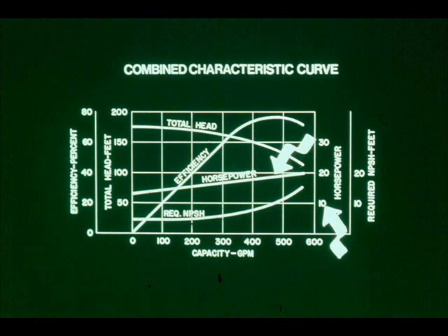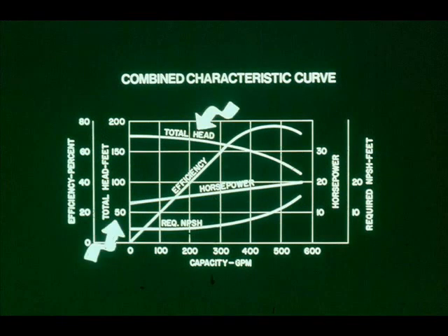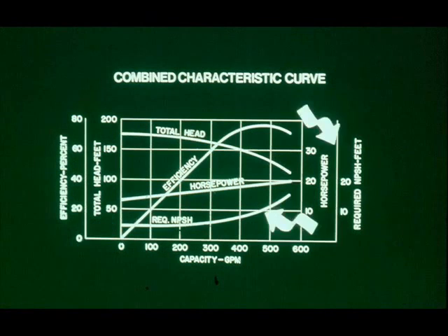This one shows horsepower and goes with the horsepower curve. This scale shows total head and goes with the total head curve. And this one shows net positive suction head and goes with the net positive suction head curve.